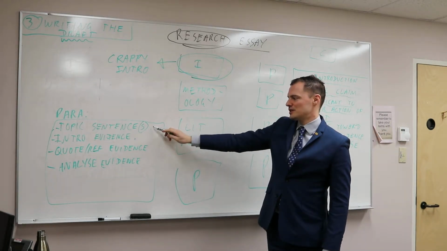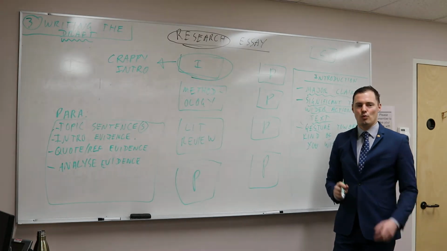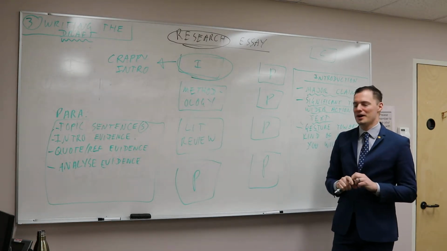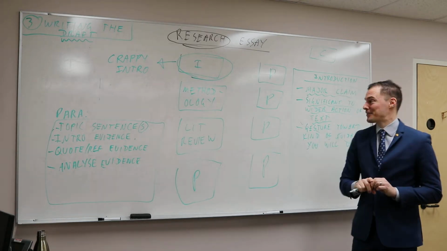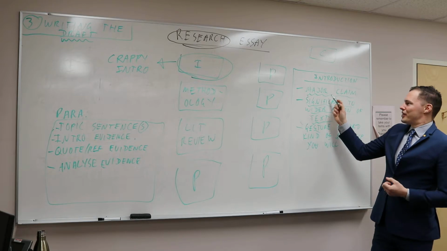And your topic sentence is going to indicate where you're going to go in that paragraph and why it matters. And why it matters is hopefully that paragraph is going to support your major claim.